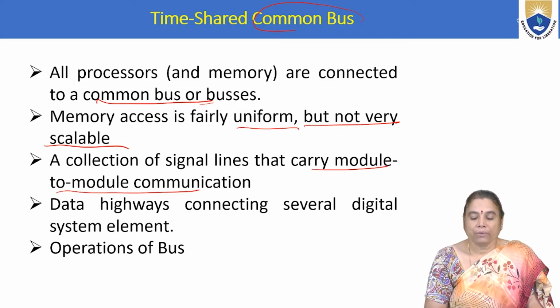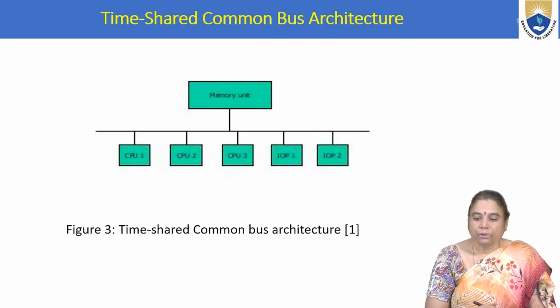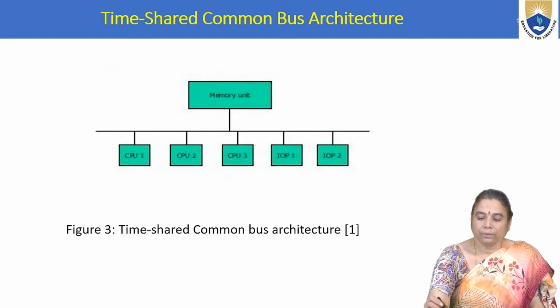Buses are data highways connecting several digital system elements. So this is the architecture of the time shared common bus. Here this is the memory unit and here multiple processors, and these are the CPUs. The processor can be either the CPU or the IOP.